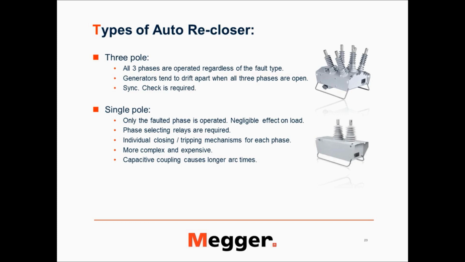So after the protection function opens the circuit breaker or autoreclosure on all three poles, before it can reclose by itself, you need to make sure that it is synchronized before you close the autoreclose.